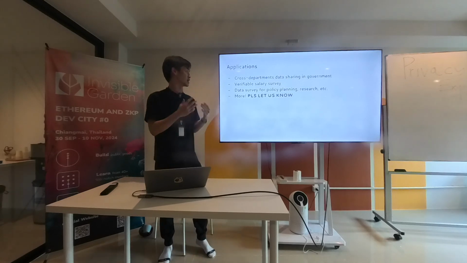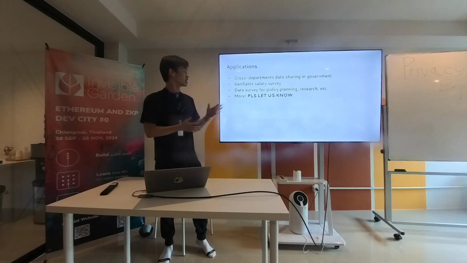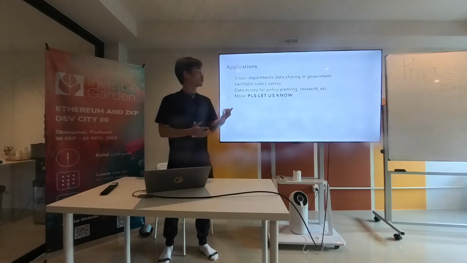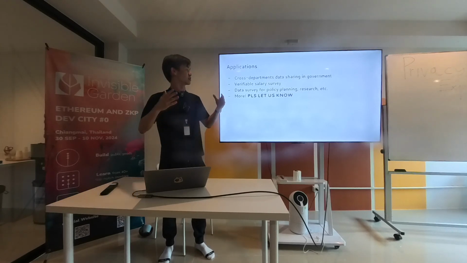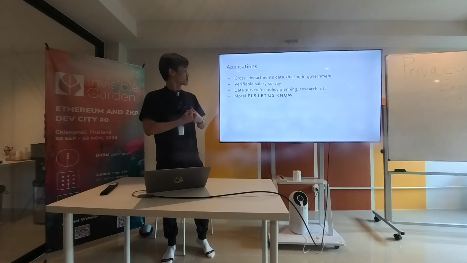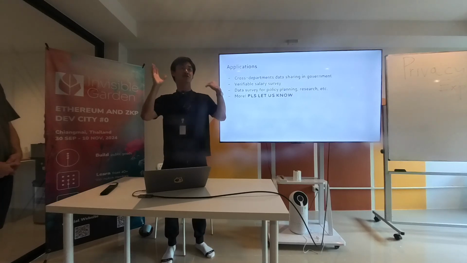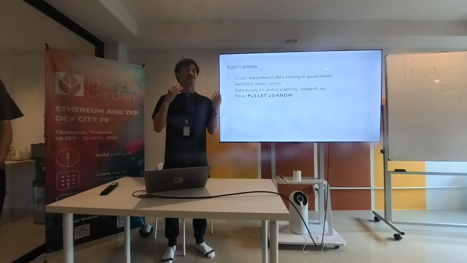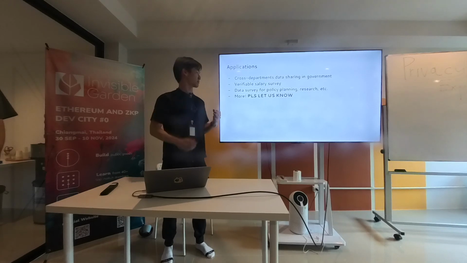For MPC to do this data sharing, we can do a verifiable salary survey, where people input private data and they can find out what the actual mean is without leaking anything. An interesting thing about data surveys is how to really involve people to get data out and use it for action, like policy planning and research alliances. And I think there are a lot more interesting topics. If you think that in our future everything is going to be data, even our brain or anything, like everything is going to be data at one point, how do we really make that make sense?